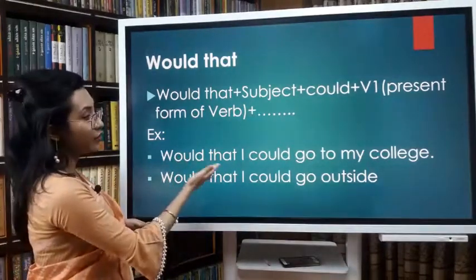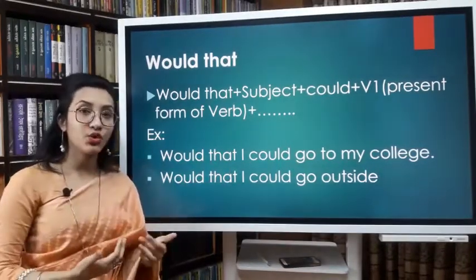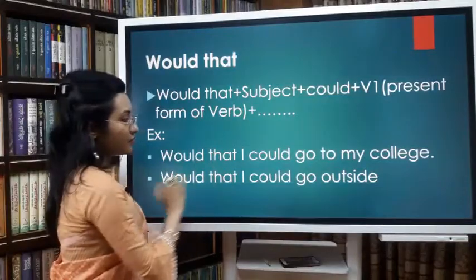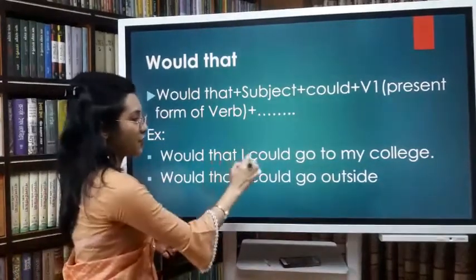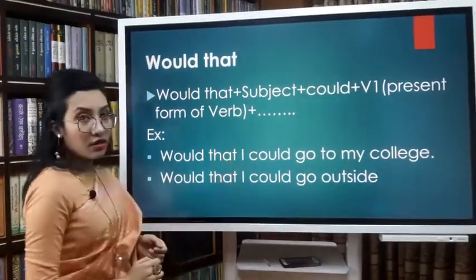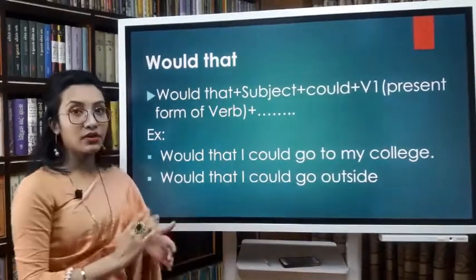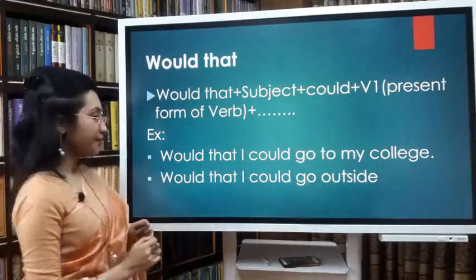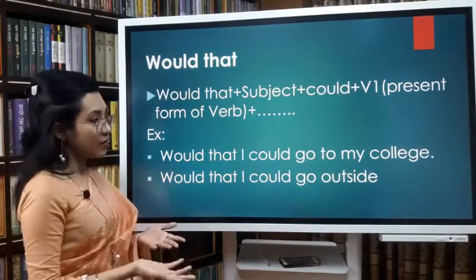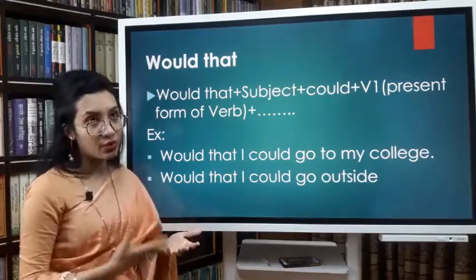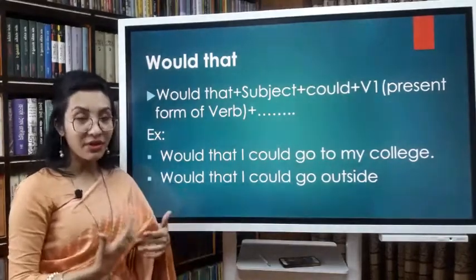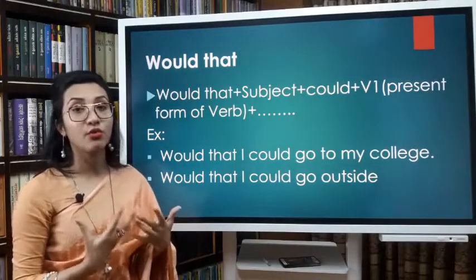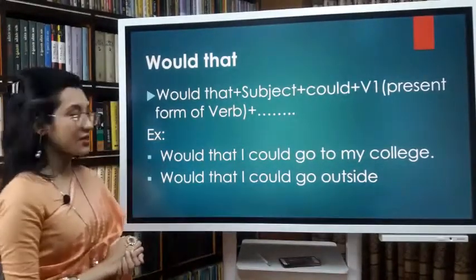Would that I could go to my college. আমি যদি কলেজে যেতে পারতাম। So again, would that প্রথমে, তারপর আমরা সাবজেক্টটা লিখব, could লিখব, এবং তারপরে যে ভার্বটা দিব সেটি হবে অবশ্যই প্রেজেন্ট ফর্মে। Would that I could go to my college, would that I could go outside, would that I could have this dress. So আমি যদি অর্থে আমার কোন একটা ইচ্ছা প্রকাশ করতে, if we are going to express a wish of us, we are going to use would that.